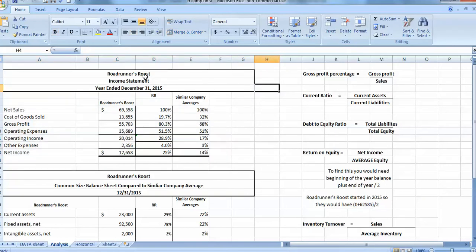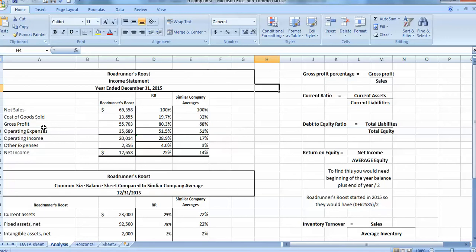The first one that we're going to look at is a vertical analysis. A vertical analysis is labeled such because it is conducted in an up and down fashion, just as you would think with the word vertical. The first thing that we're going to do is look at what types of accounts we've got: net sales, and cost of goods sold, which you have not actually looked at yet.